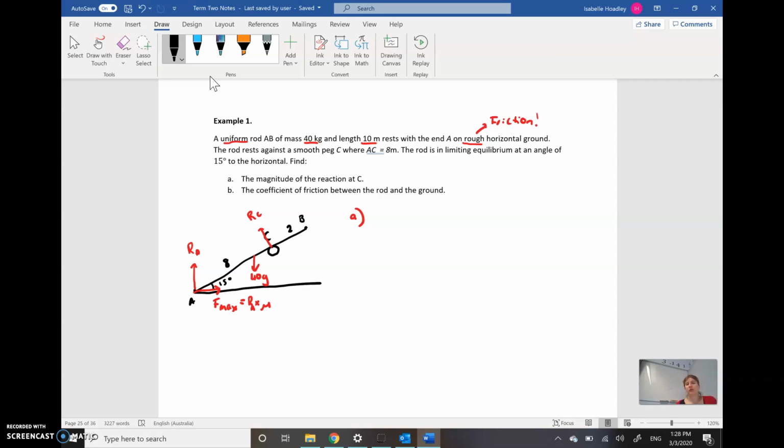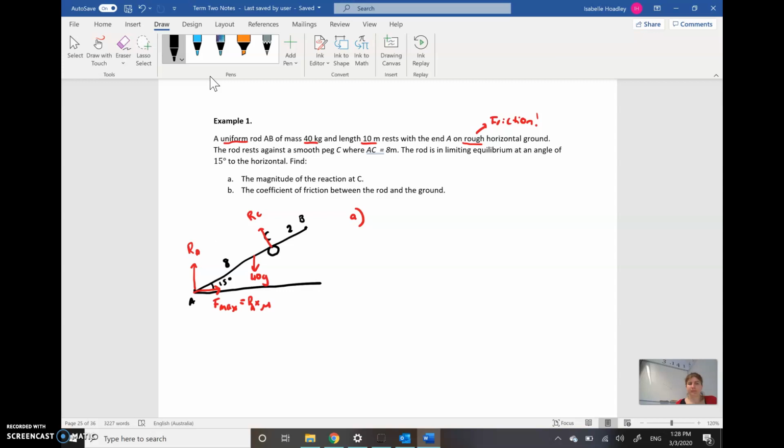So if we resolve using moments and we take the moments around A, that means that we don't have to include this reaction force at A and the friction force. Because if we assume this is our pivot, then the only forces that matter are the ones which are at some distance from the pivot.